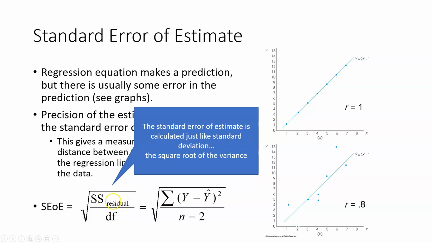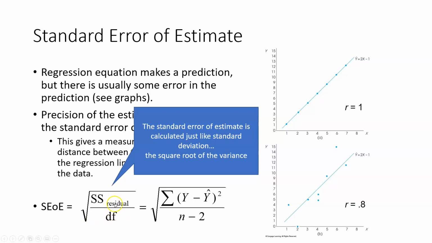Now, in this situation, we have to do something slightly different than we do with the standard deviation because this is two variables we're dealing with, not just one, right? But still the concept is very similar. What we're trying to figure out here is what's the average distance, the typical distance of any given score from the mean predicted value.